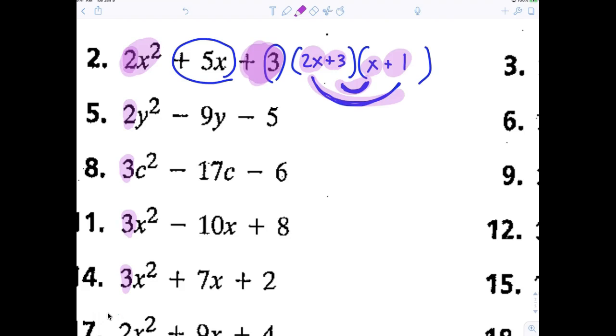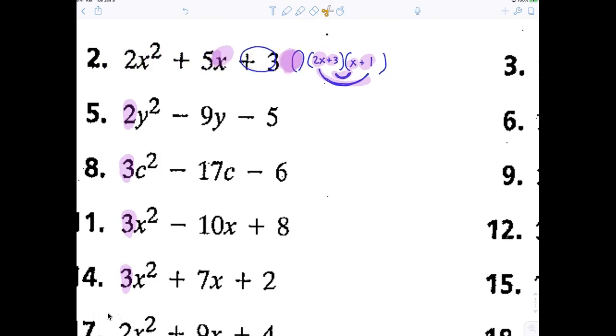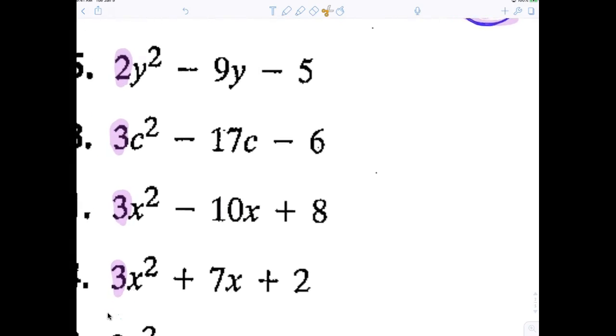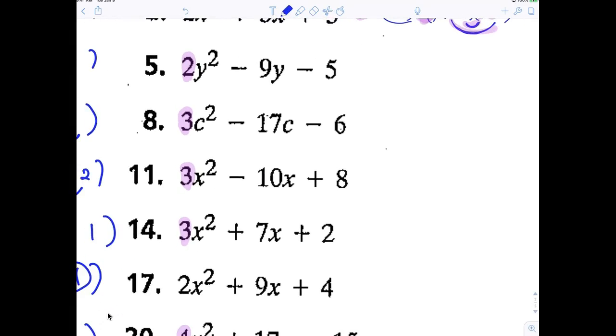So I'm going to do the next one. When I do the next one now, I want you to kind of just visualize with me. Always, we start with opening up 2 sets of parentheses. Now the only possibility for 2y squared is 2y and y.